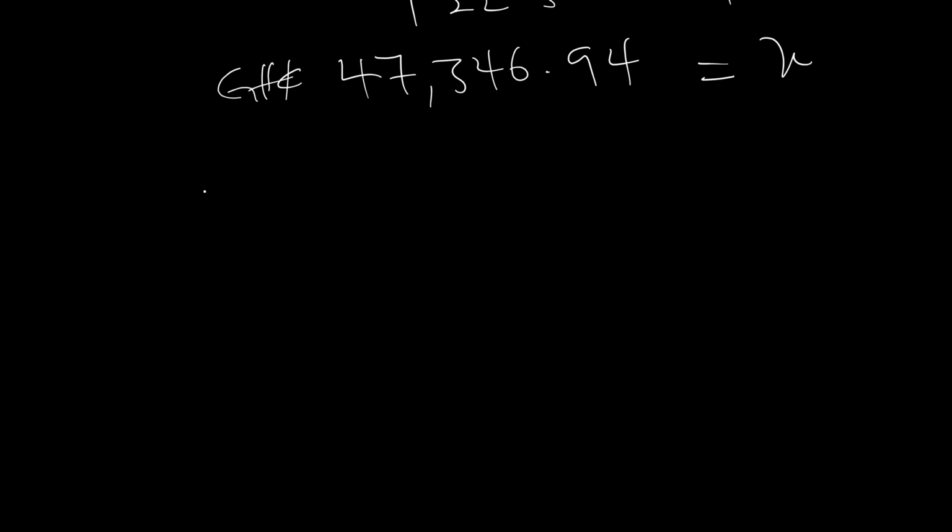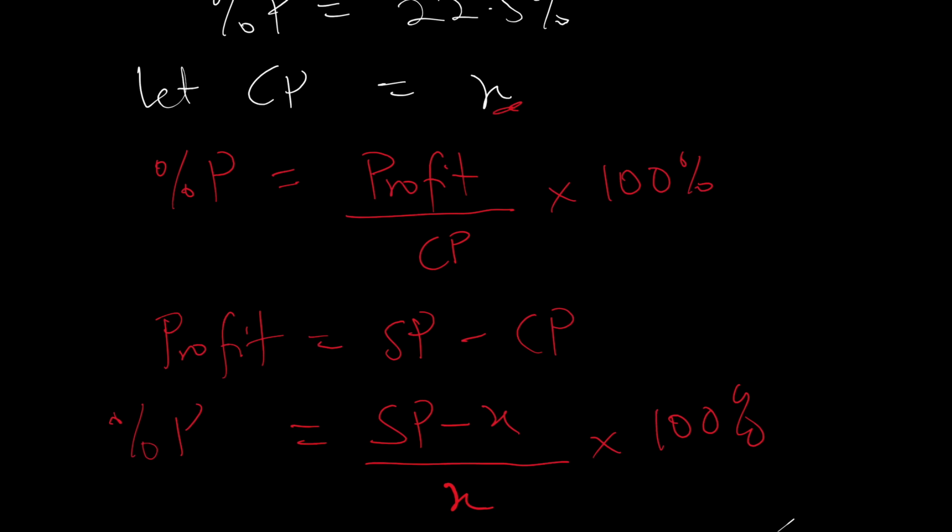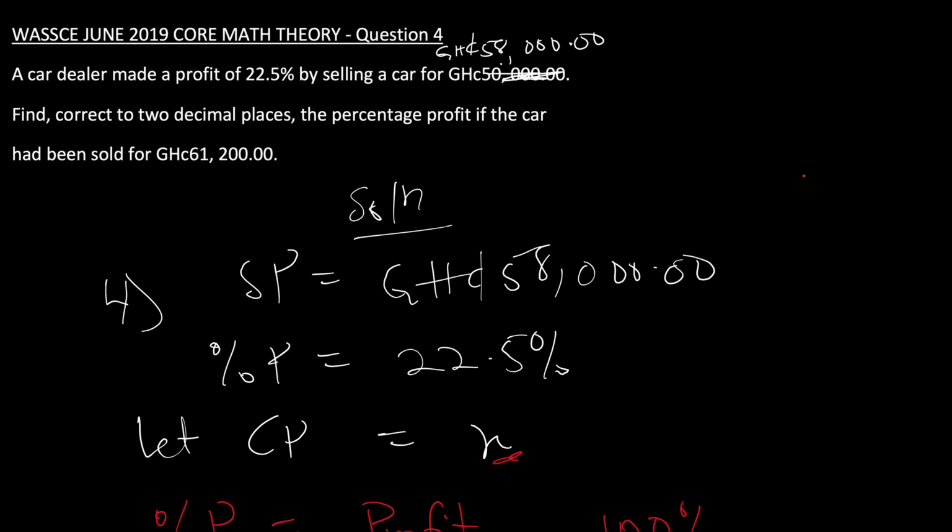And we know that our x is the cost price. So therefore, our cost price will be equal to 47,346.9 Ghana cedi. Now from the question, we are told to find the percentage profit if the car had been sold for 61,200.